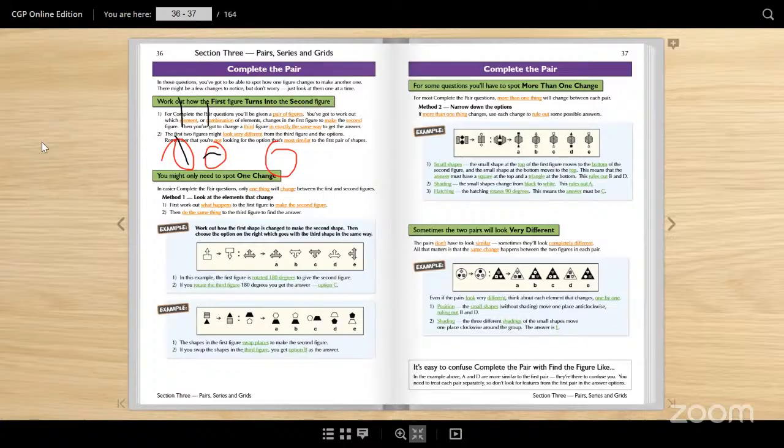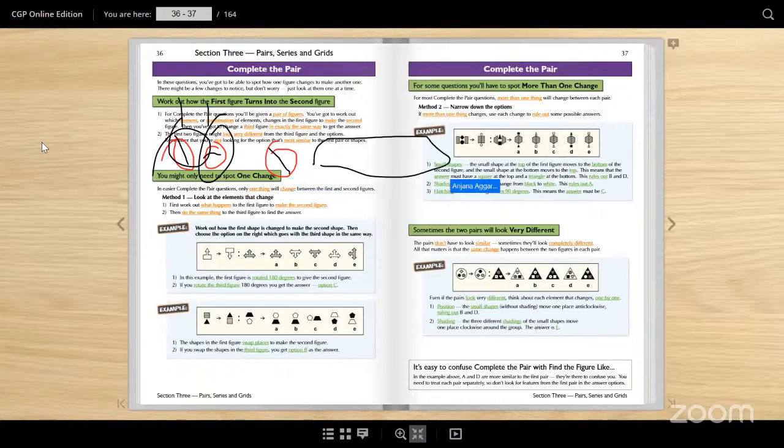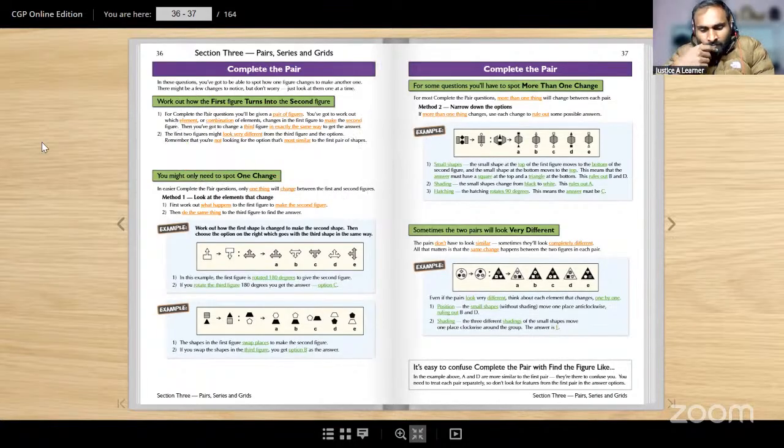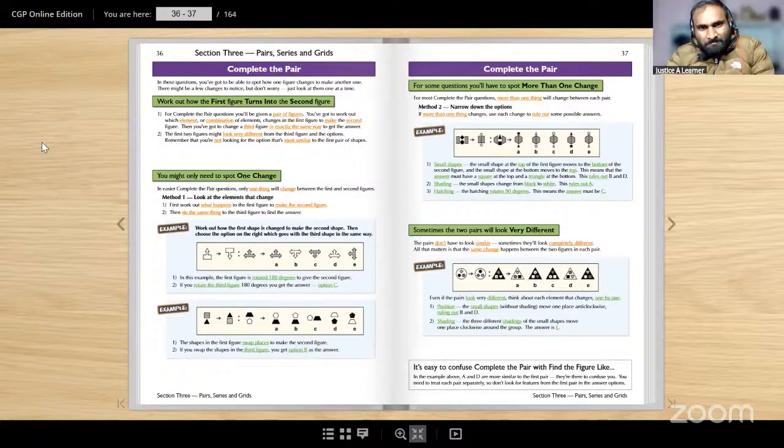So if this is the first shape and this is the second shape, then maybe in the third shape the line's like that. So the answer that has a circle with the other type of diagonal this way must be the answer. You have to find what's the same on these two and how they relate. Right. Good.